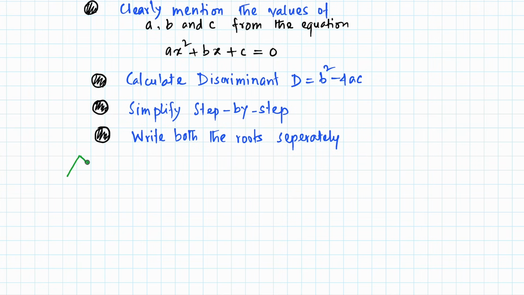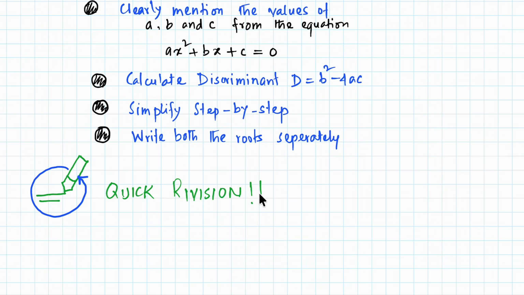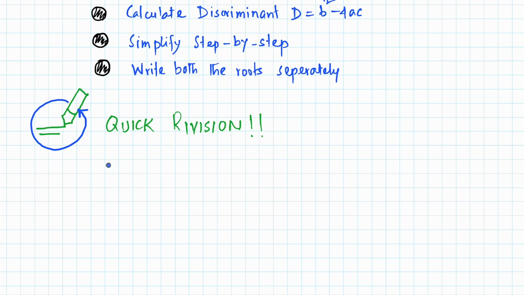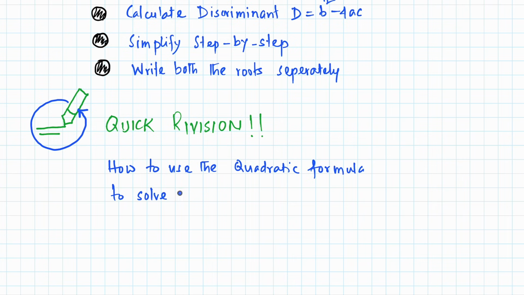Now let us quickly revise what we have learned so far. A quick revision. We learned how to use the quadratic formula to find the roots of the given quadratic equation.